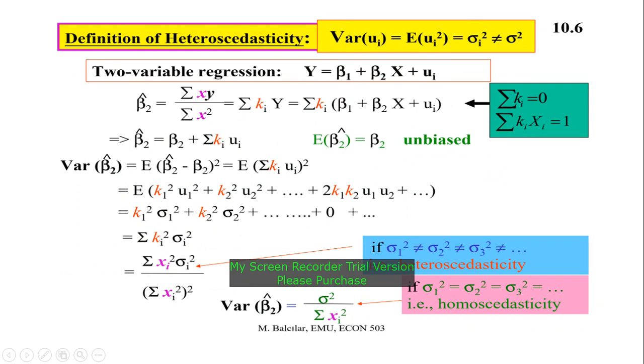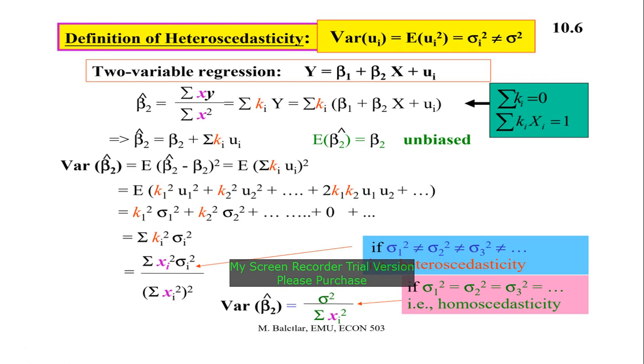So our interest is to find the variance, and as we have stated here, the variance of the error term is supposed to give us expectation of ui squared. In the same way, the variance of beta 2 cap here should not be different from the expectation of beta 2 cap minus beta 2 squared, because when we want to estimate the error term, that's expectation of ui squared, we are supposed to get beta 2 cap, that's the estimate, minus the parameter.